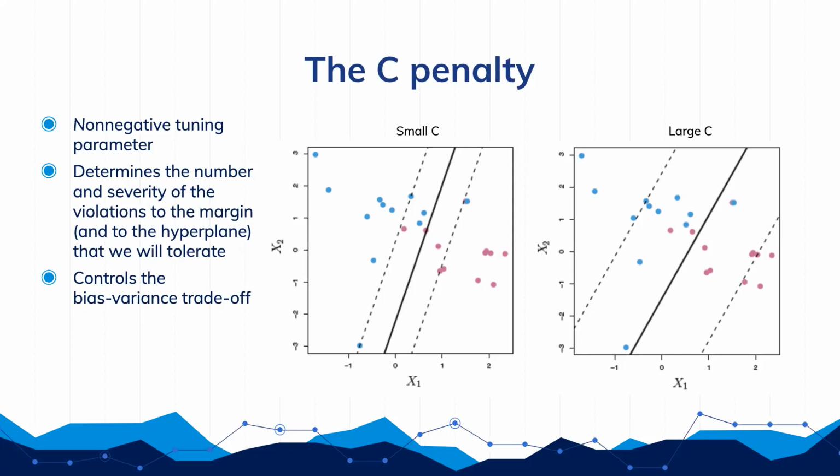You can see more observations on the wrong side, and this makes your margin a little bigger, and makes your algorithm have less variance. One obvious question that would be in your mind right now is, what's the optimal value for C? Well, it really depends on your problem. That's something that you as a data scientist have to figure out.